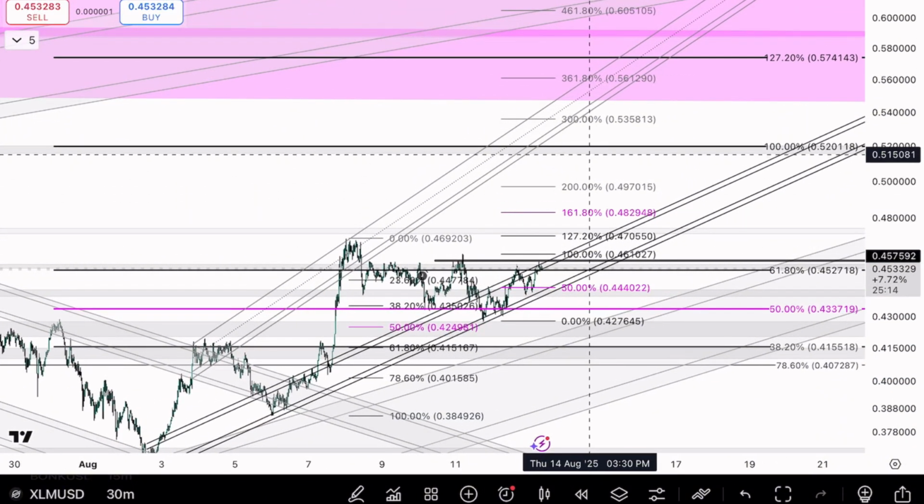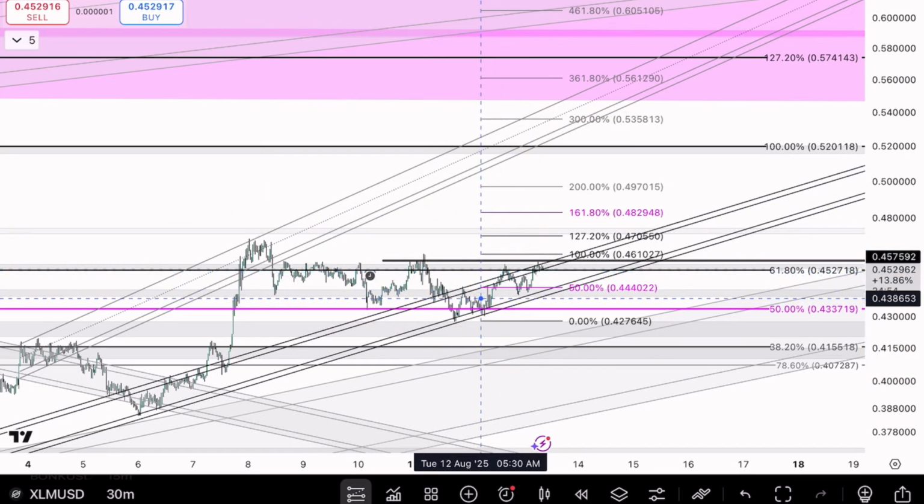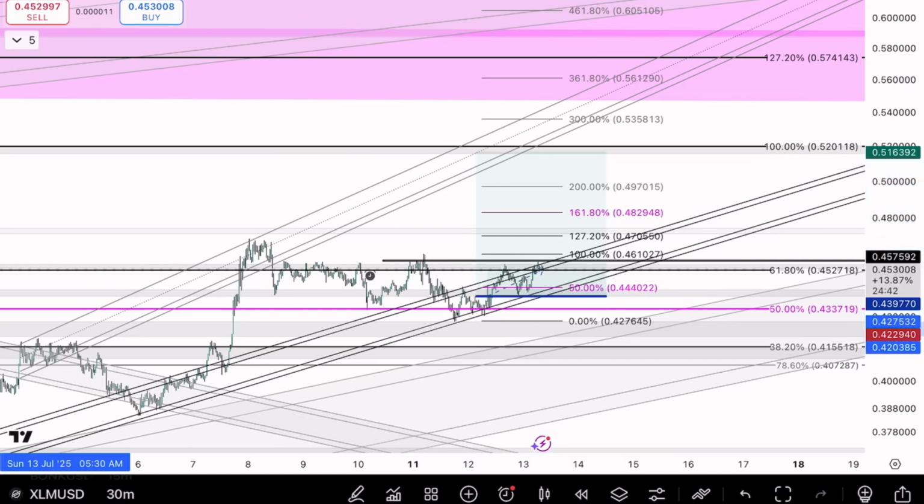So yeah, that would be my next target, at 52 cents for XLM. If I'm not in this trade, but let's say I was in this trade with a 17% gain, not bad. Depends on how long it takes to get there, and how much money you have in your trading account. So 17% on $1,000 is $170 you really didn't do any work for.